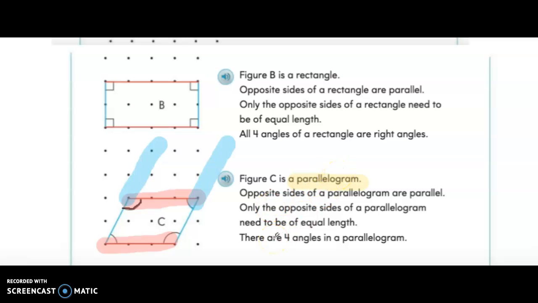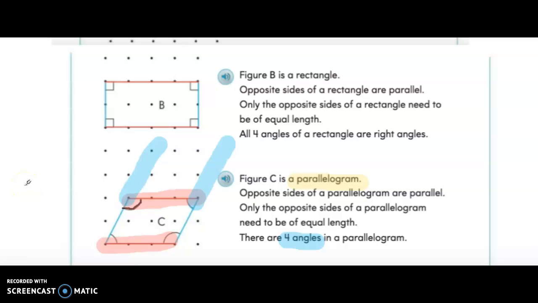Now, only the opposite sides have to be equal length. This is similar to a rectangle. Both red sides are equal in length and both blue sides are equal in length. And this one is just telling us that there are 4 angles. They are saying absolutely nothing about right angles for a parallelogram.